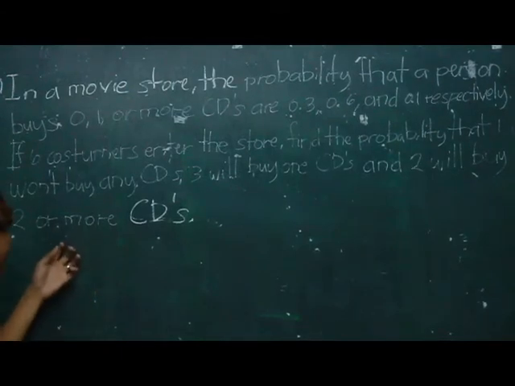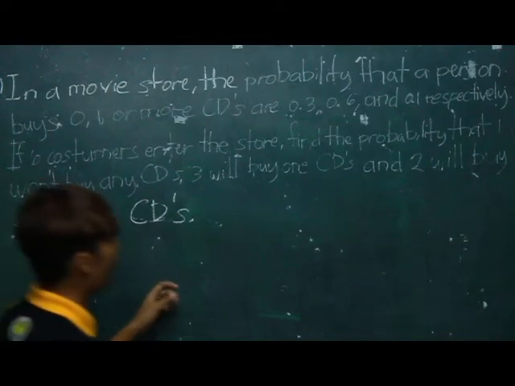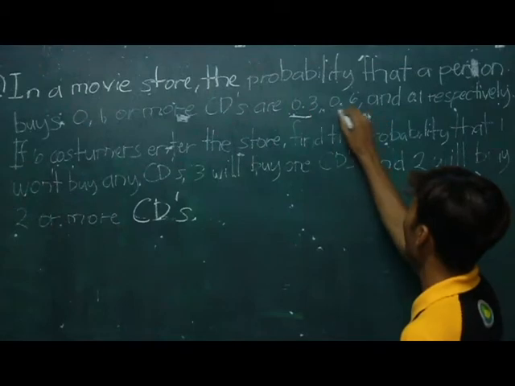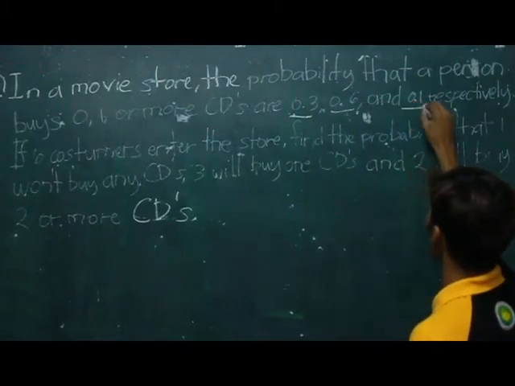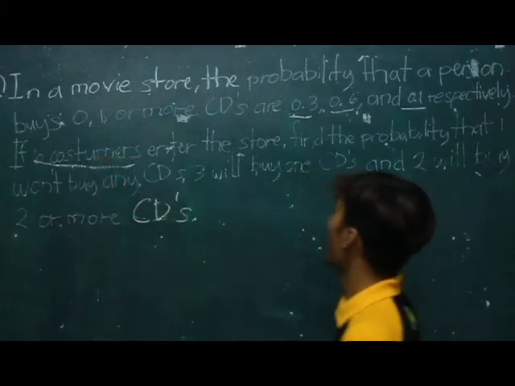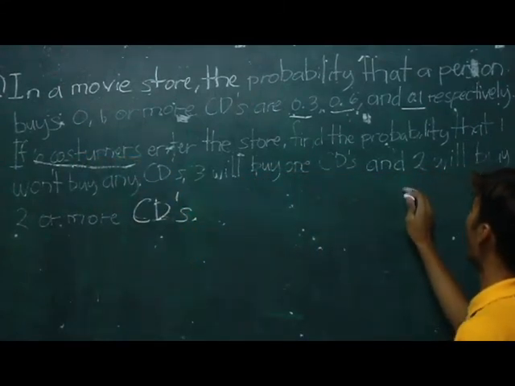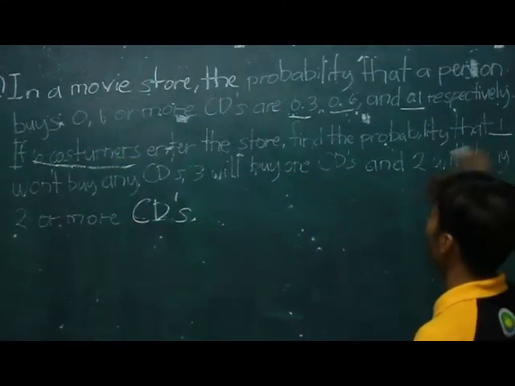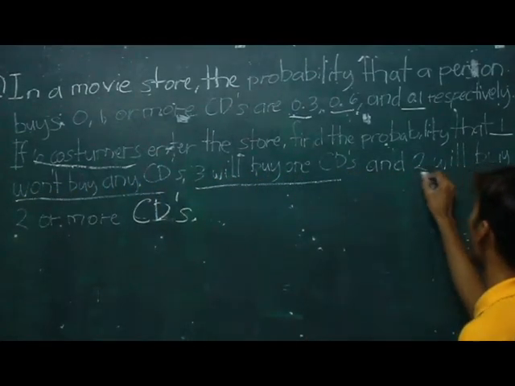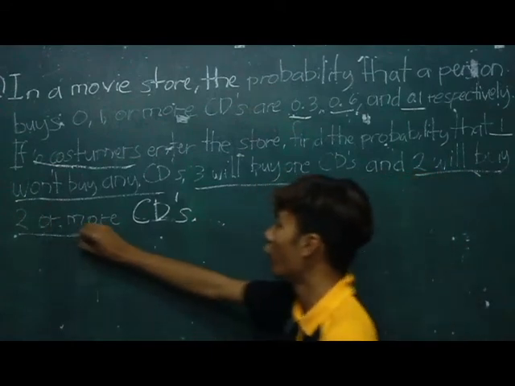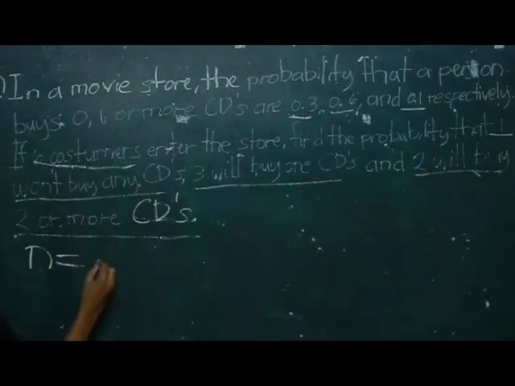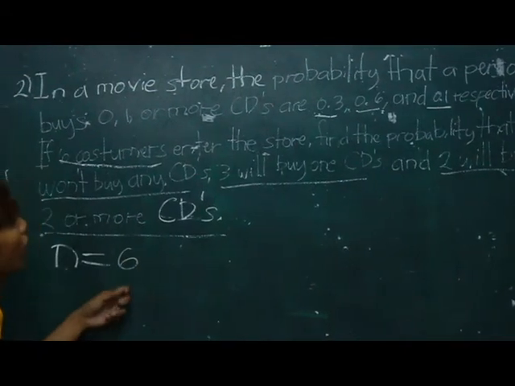As you can see in the problem, there are 3 probabilities, 0.3, 0.6, and 0.1. Our n is 6 customers.